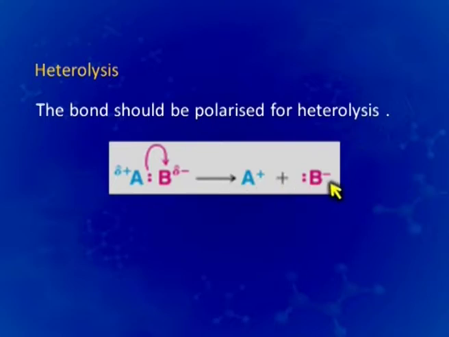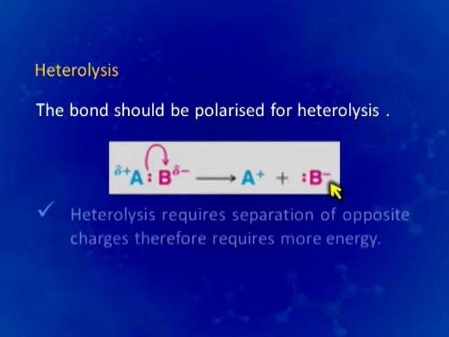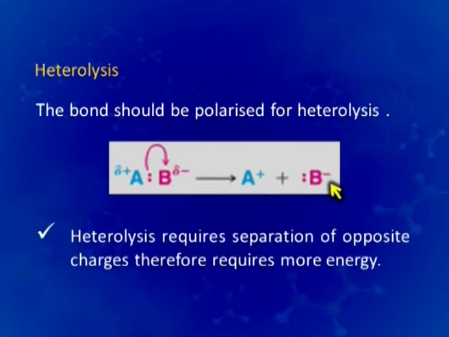And heterolysis requires separation of opposite charges, therefore it requires more energy. This is very well understood, as we know that the two atoms with different electronegativities were bonded together because of the covalent bond, and breaking this covalent bond will definitely require more energy.